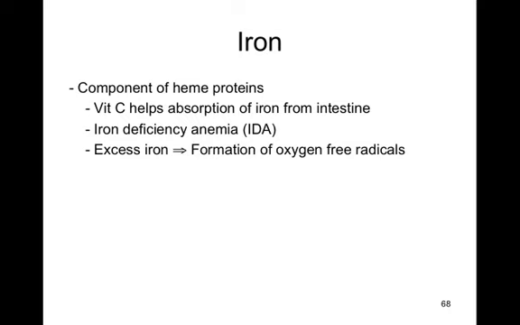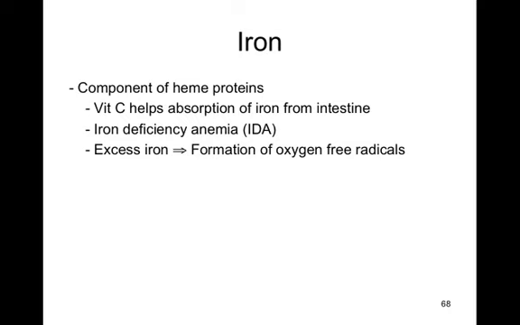At the same time, you also have to bear in mind that your body has a very limited capacity to excrete or get rid of iron, which means that it can easily build up in organs like your liver, heart, and pancreas. Now, this can be quite dangerous because iron is a potent oxidizer. It can easily form free radicals.